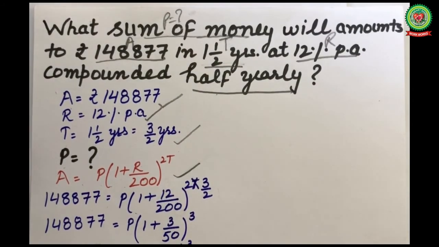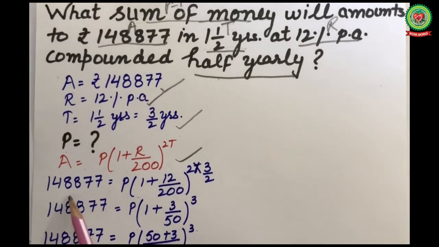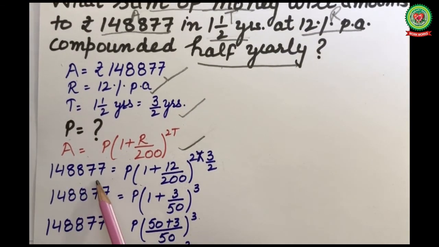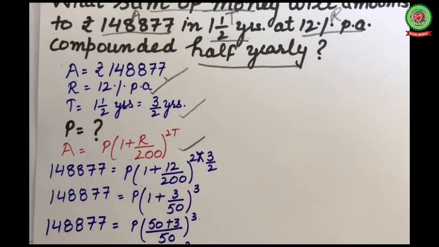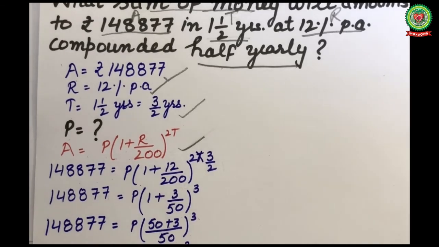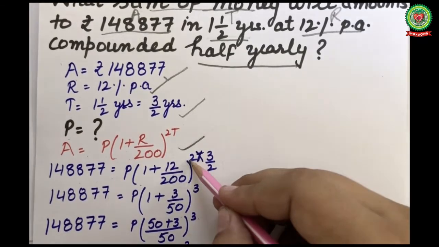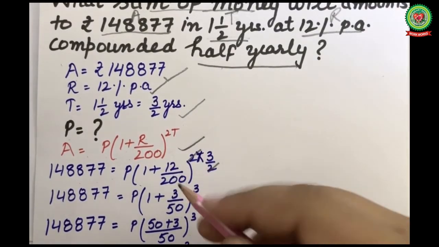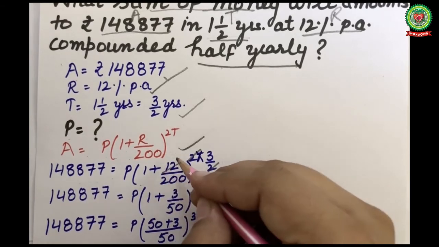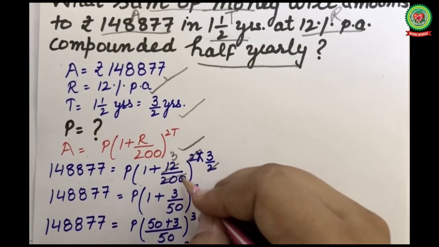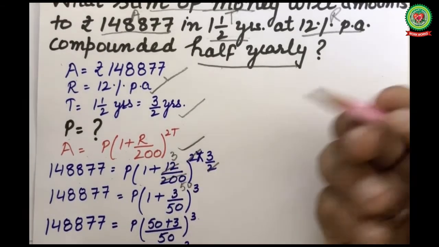On substituting, we get 1,48,877 is equal to P bracket 1 plus 12 upon 200 raised to power 2 into 3/2. Now we are going to do the cuttings. So we are going to cut this 2 with this 2. 12 and 200 are going to get cut in the table of 4. So on doing cutting we get 3/50.